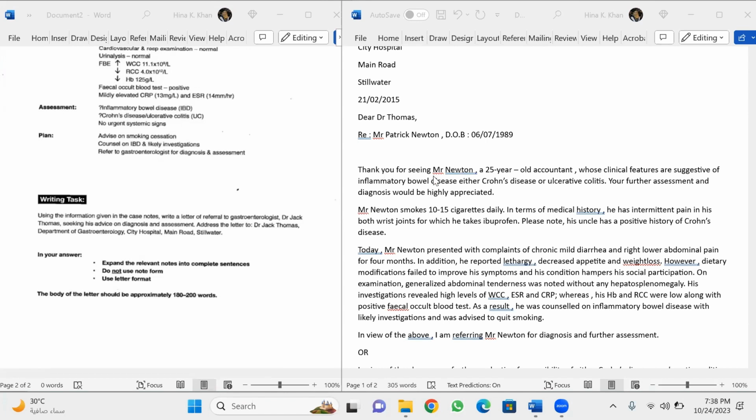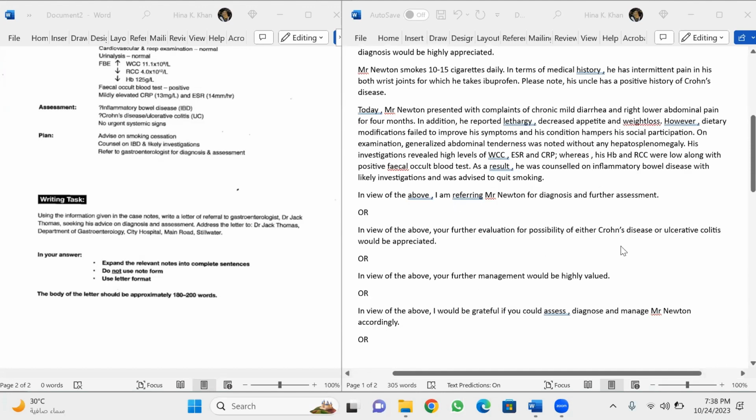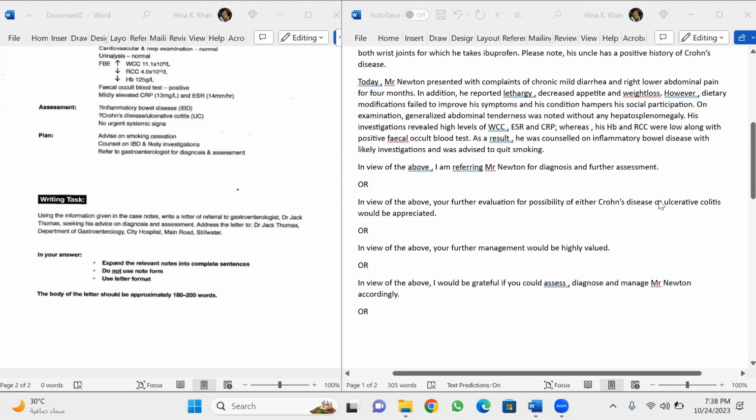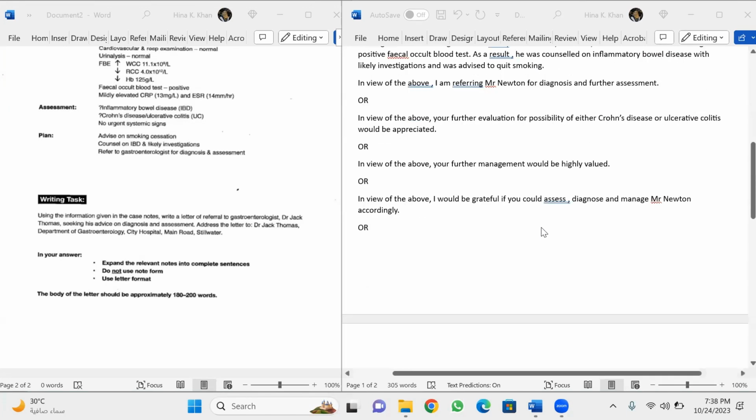So if I have just written this, I can also write, okay, fine, ठीक है, your further assessment and investigation, your MRI would be highly appreciated. लेकिन if I'm not writing that investigation in the introduction, then I can mention that over here also. Okay, fine, ठीक है, Crohn disease and further investigation such as this MRI abdomen would be highly appreciated. तो मैं वो एक चीज यहाँ पे मैं mention कर दूंगी.